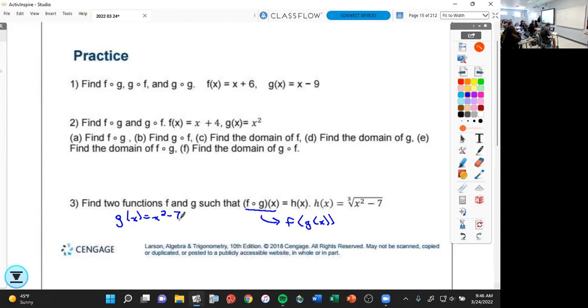Well, if that's true, then what's the outside function? What's f of x? Cubed root of x. That's all it is. Okay. Let me ask you this.